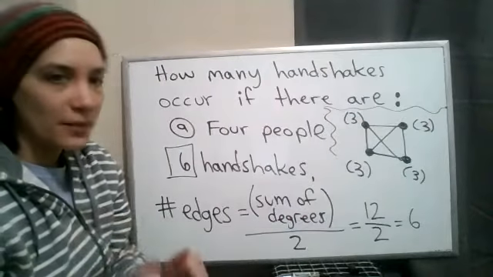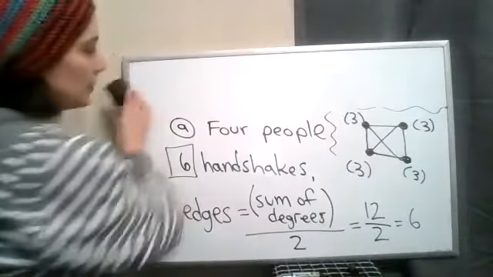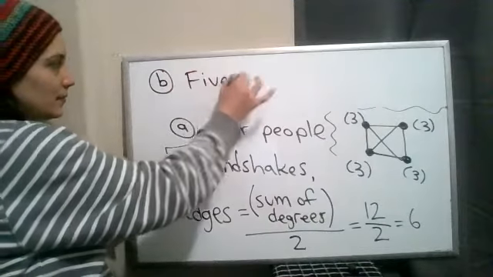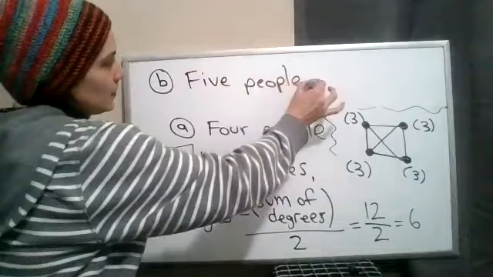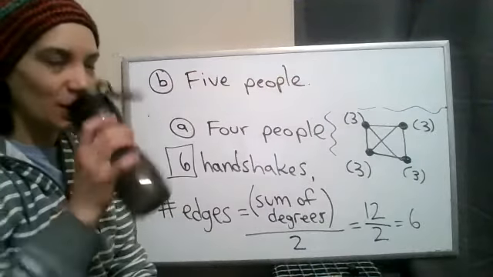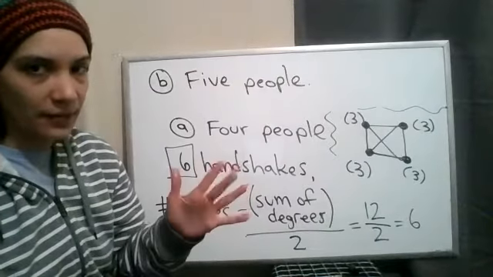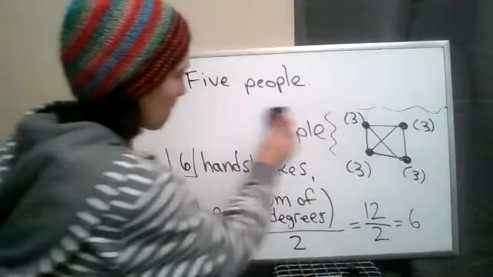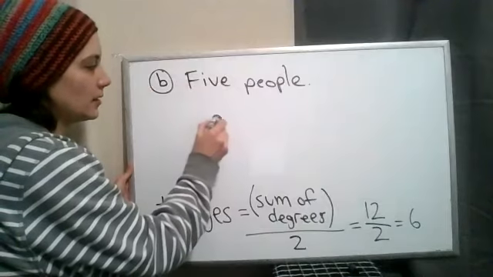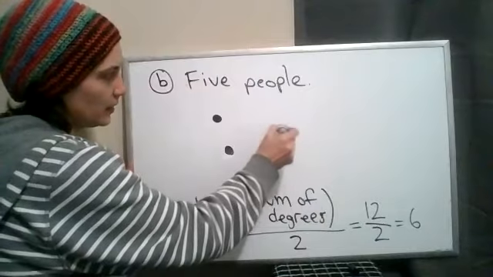Part B will have 5 people who meet each other. So 5 dots, 5 vertices. Let's put them kind of just in a circle, standing around.